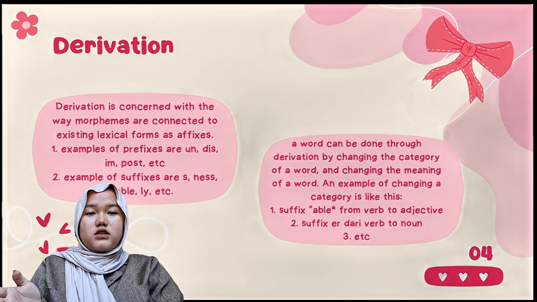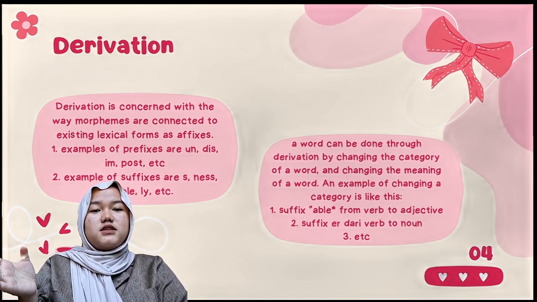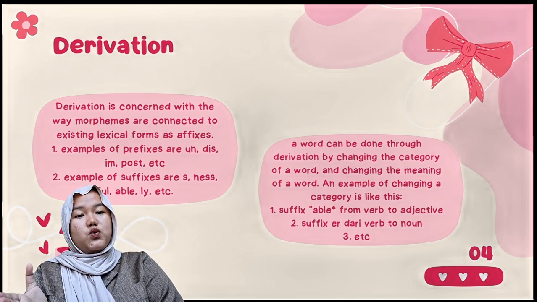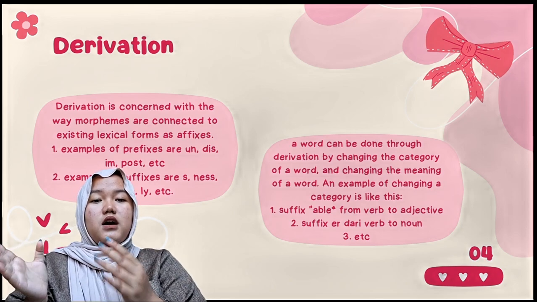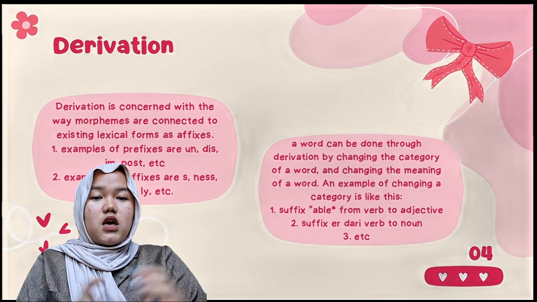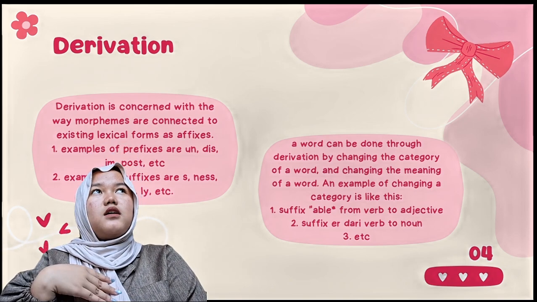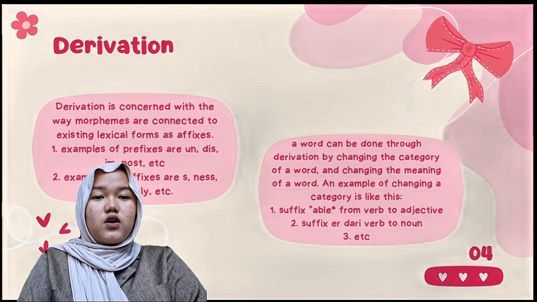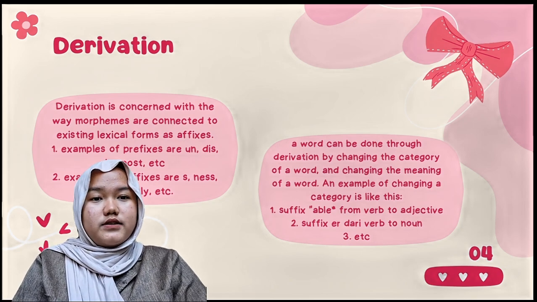Examples of changing the category are such as the suffix able from verb to adjective, and then another suffix from verb to noun, and next the suffixes ful and less from noun to adjective, and so on.